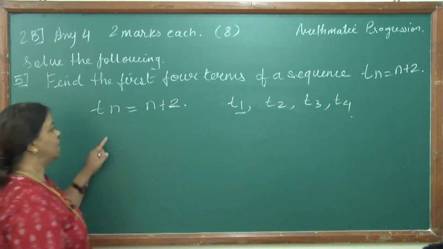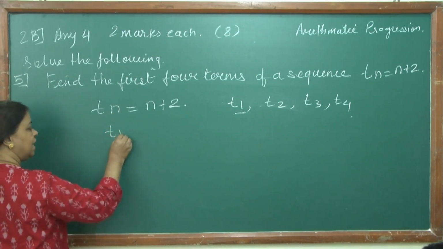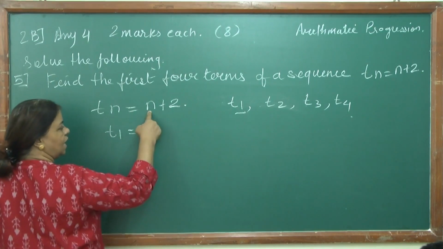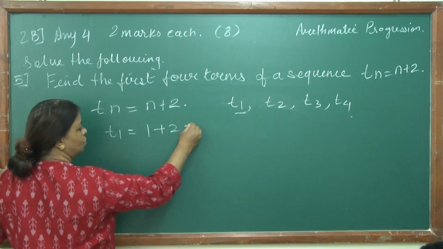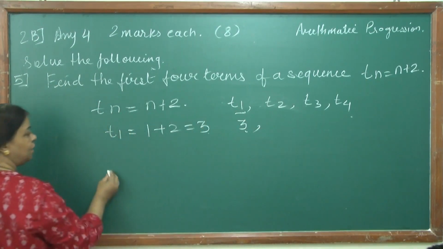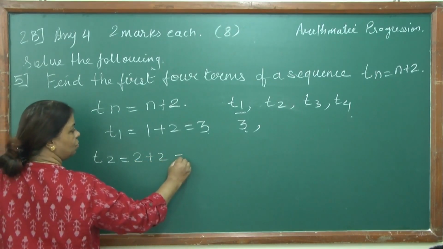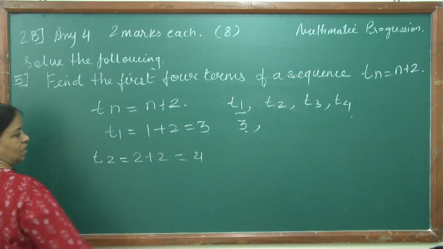Let's begin with T1. Let me write T1 is equal to, n means 1, 1 plus 2 which is equal to 3. So T1 is 3. T2 means I'll write T2, n is 2, 2 plus 2 which is equal to 4. So it is 4.